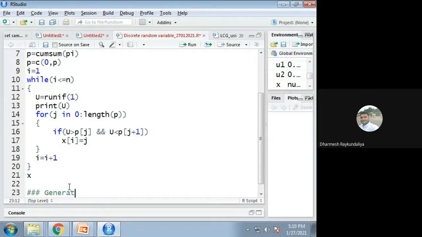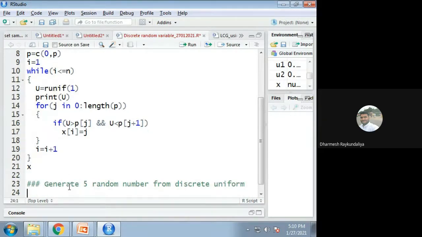Generate a random number from a discrete uniform distribution, that is, the probability that x equals i is 1 by n.